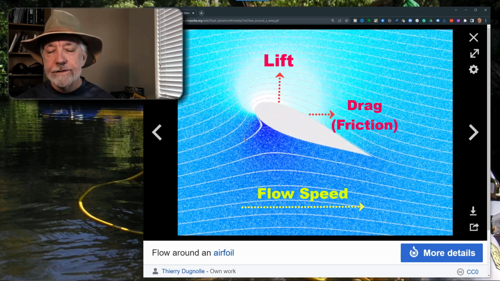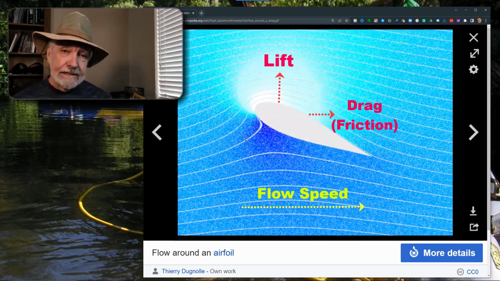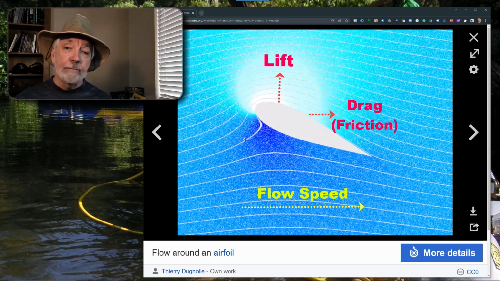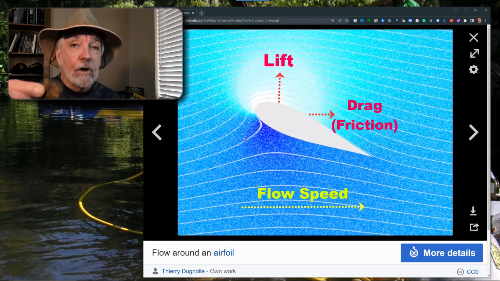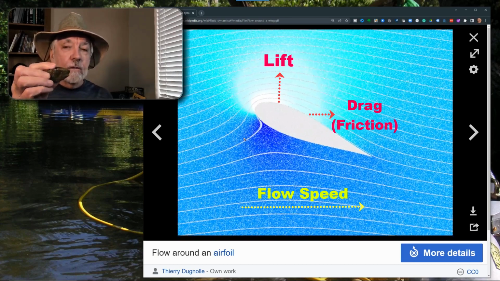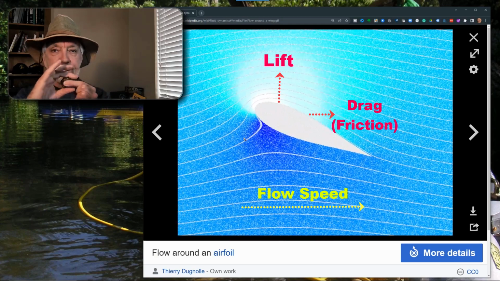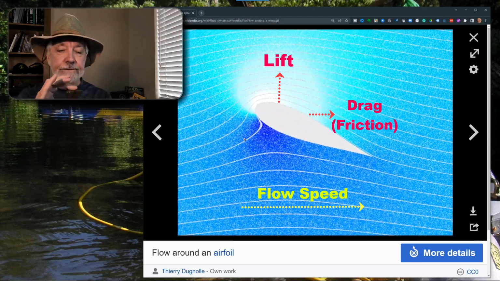Well, those frictional forces are caused by the speed of the water and its viscosity on the surface and the shape of the object. So if the water is zipping across this rock containing gold, it will move along because of the drag on the surface. That's friction. Okay, that's what drag is.